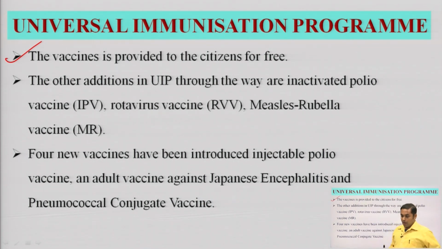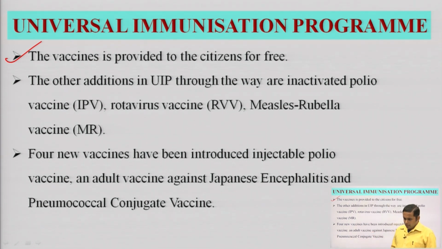It was given free, no cost, from government funds, and the success is so high that, for example, for diseases like polio, I do not know if in your entire life you have heard that in the last 10 or 20 years anybody in India got infected by polio, and polio is almost eradicated all over the world.